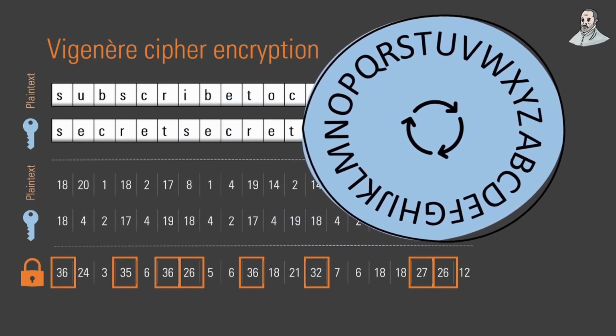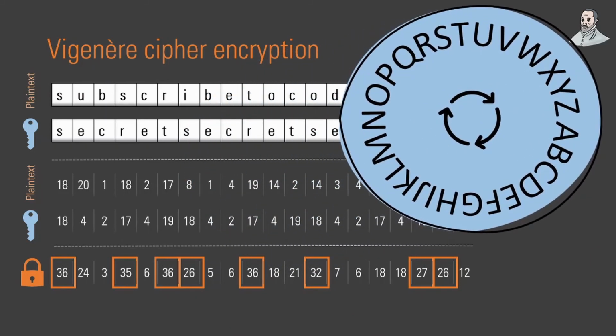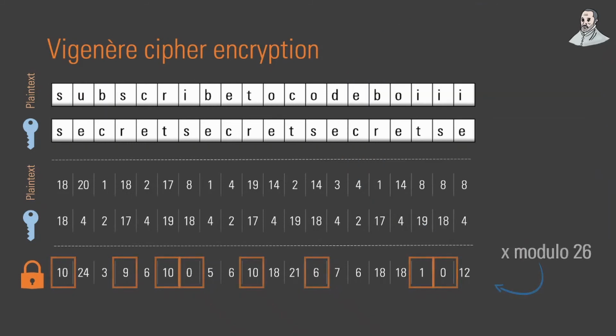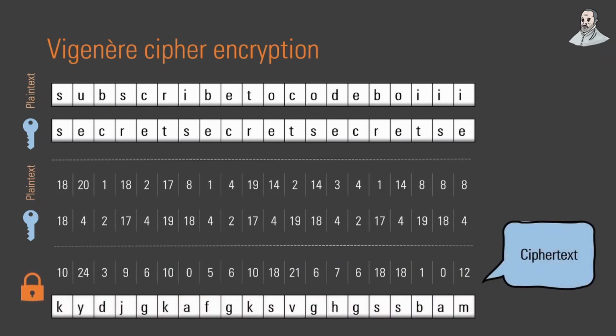Or, to explain it in a more algebraic way, we take the resulting numbers and calculate each of them modulo 26. As a result, we now have only numbers between 0 and 25 and are able to translate them back into characters. This is now our ciphertext, and we can send it to the receiver.